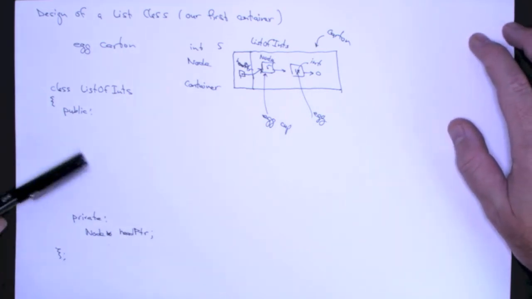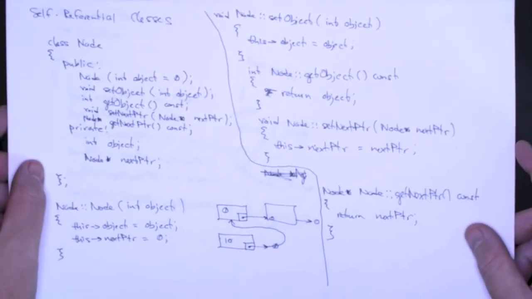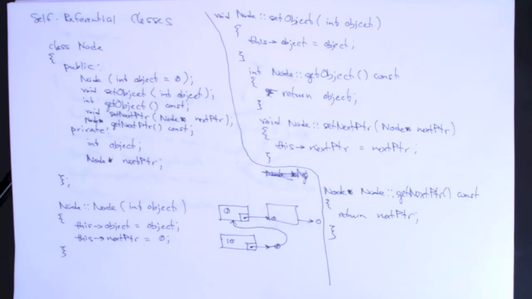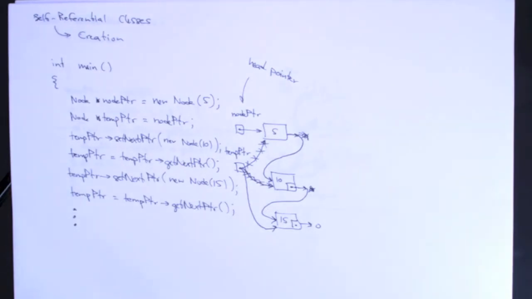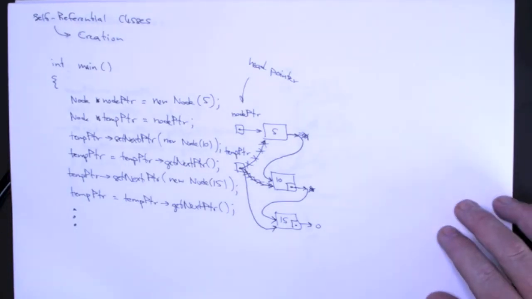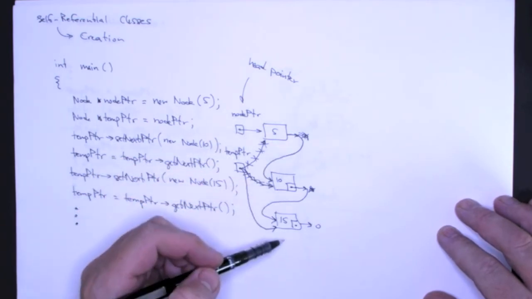Now let's go back and review that example that we had before. So here is our node class, and hopefully you've got that coded up. And remember the example, we had a portion where we constructed a linked list.